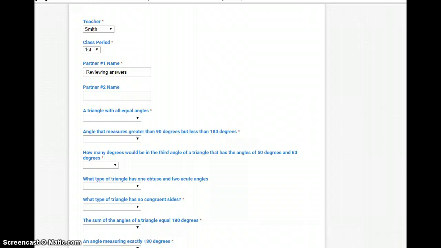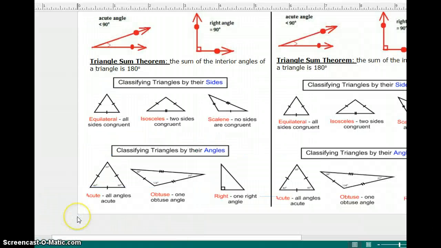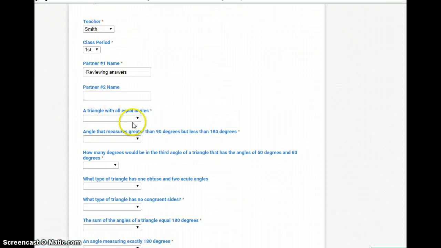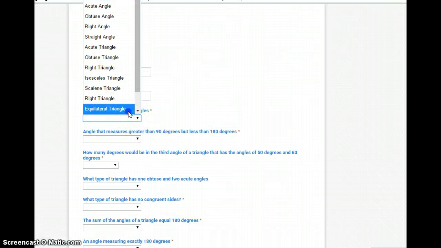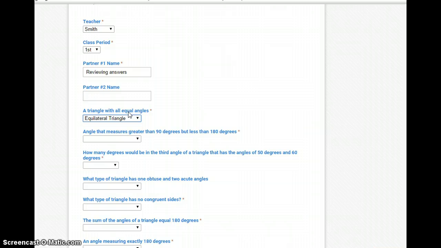Well, the question said all equal angles. So when you come back and look at it, talking about their angles, which also talks about their sides, all congruent angles, it's going to be an equilateral triangle. So you'll pull from your review, equilateral triangle.